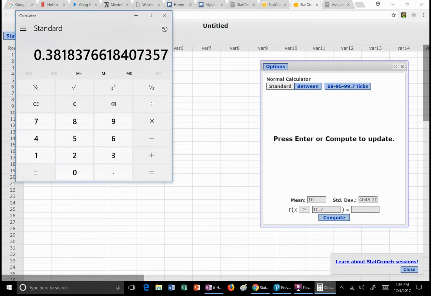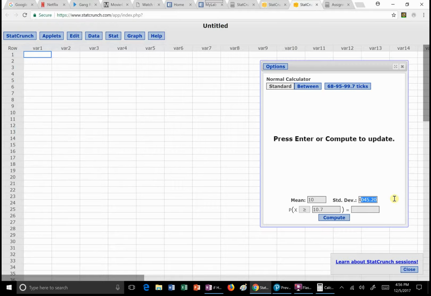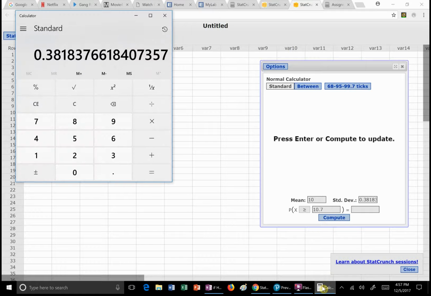And this was, let's see, 0.3818. 0.381837, right? Make sure I put a decimal point in front of there. Okay. Let's just check it real quick. 381, yeah, that looks good.